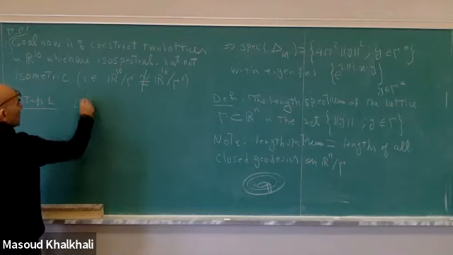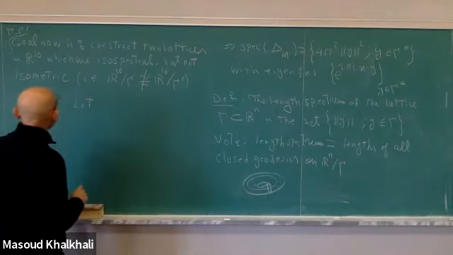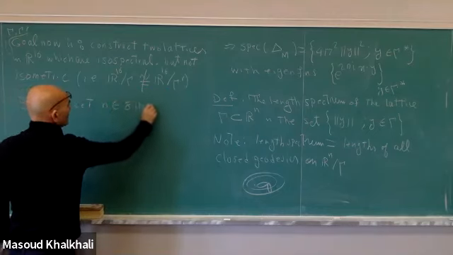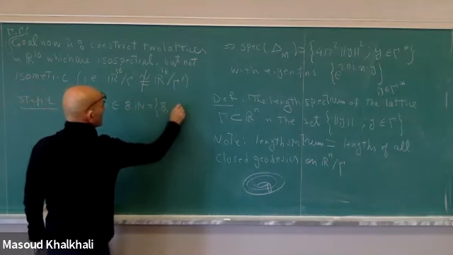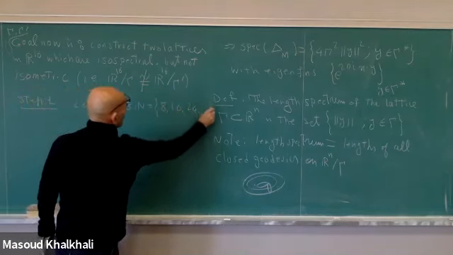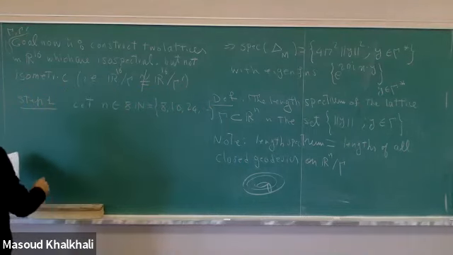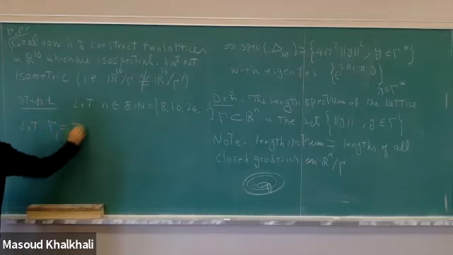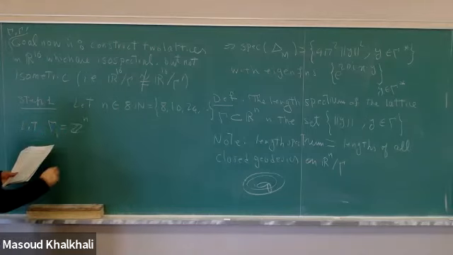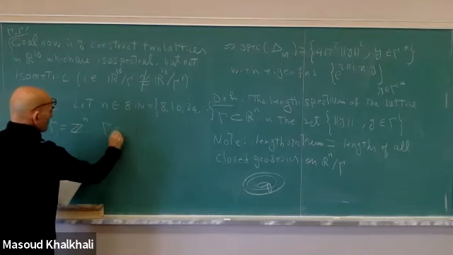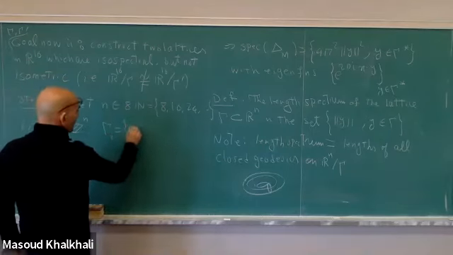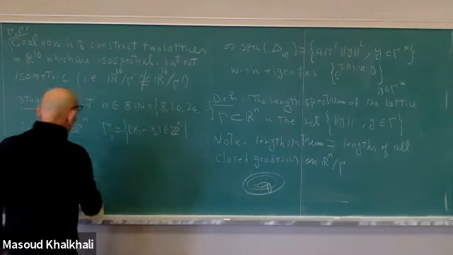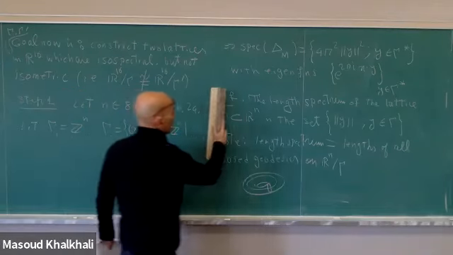So the first step is, there is some general theory of these lattices, which is good to know, so it's useful. So let n belong to 8, the set of numbers 8, 16, 24, and so on. So let's define two lattices: gamma 1, which is Zn, and gamma 2, the set of all x1, ..., xn in Zn such that their sum is an even number.